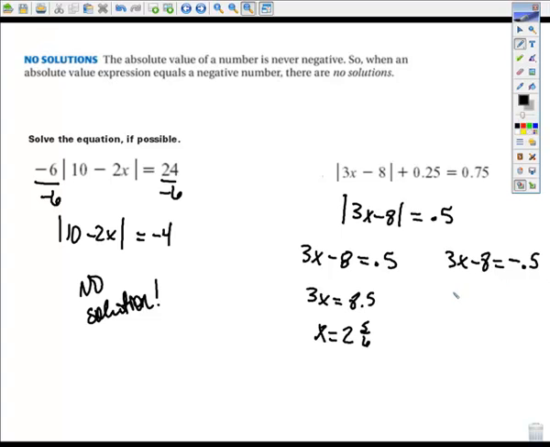Here if I add 8, I get 3x equals 7.5, and that gives me 2.5. I would accept this if you wrote it as 2.83 with the repeat bar over the 3.